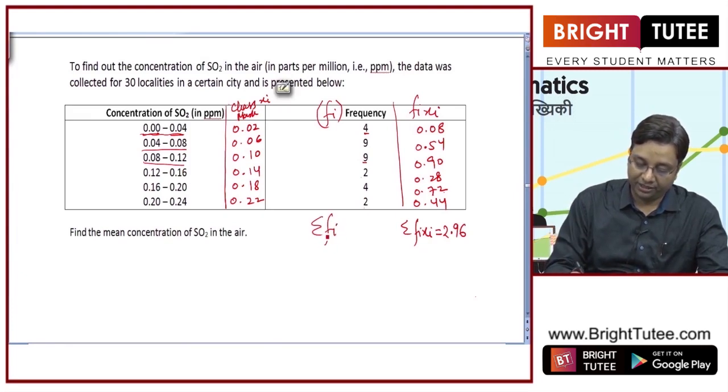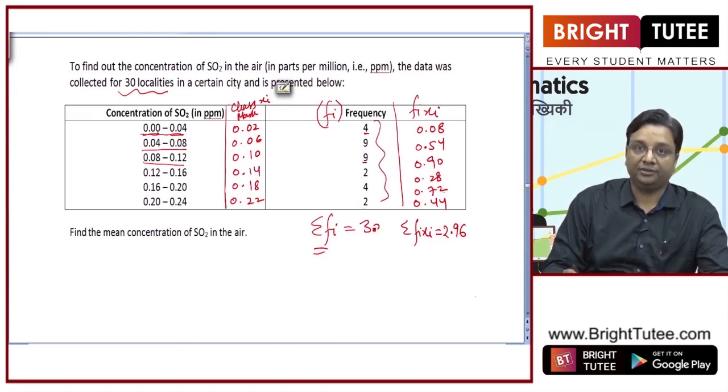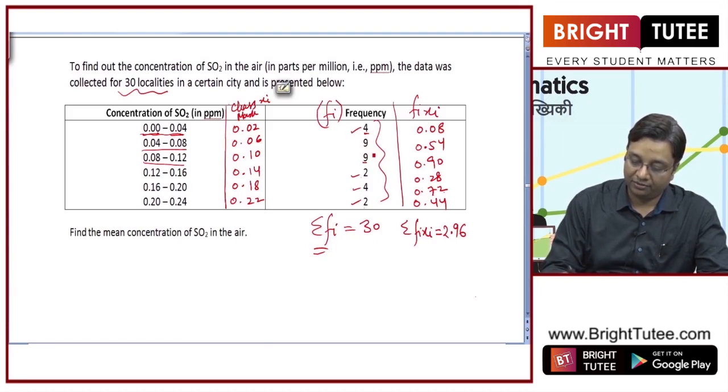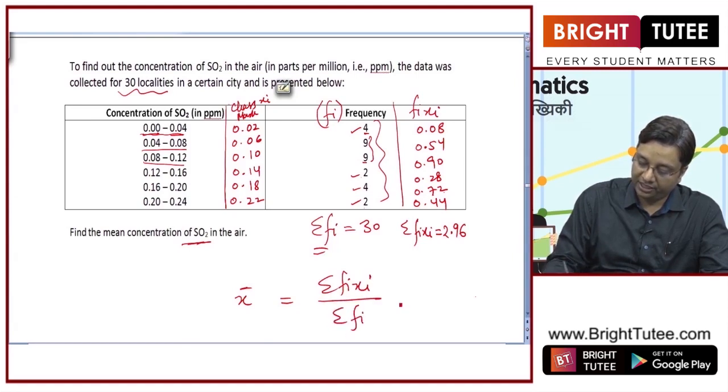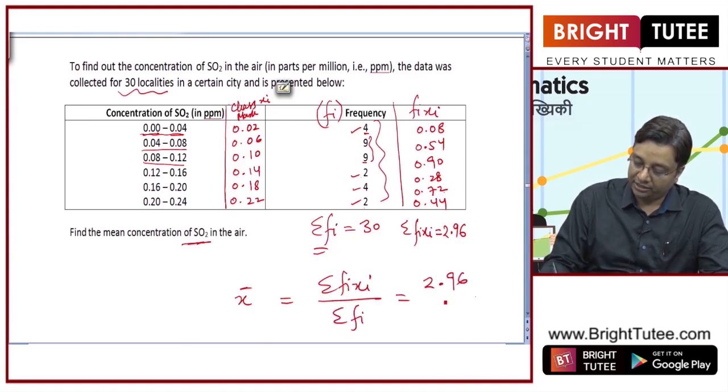What will be sigma Fi? We already know that we are talking about 30 localities here, so the sum of these will be 30. You may check it. 4 plus 2 6 plus 2 8 12 and 18 30, right? So the mean concentration of SO2 will be equal to sigma Fi xi divided by sigma Fi here, which is 2.96 by 30, right?